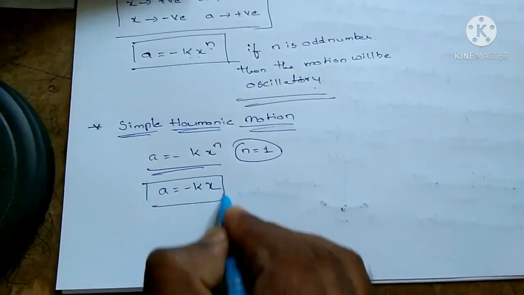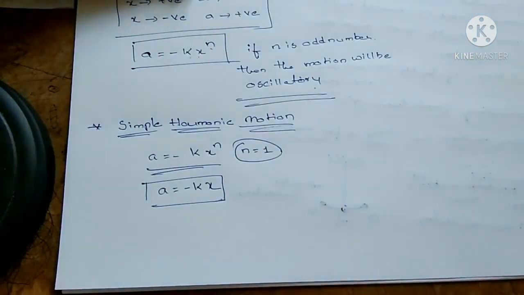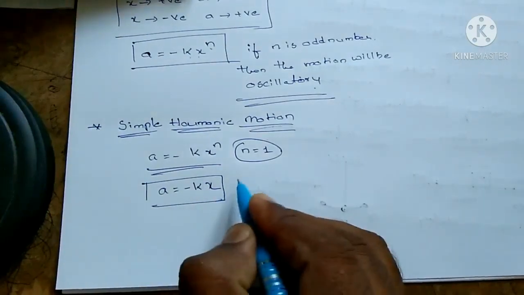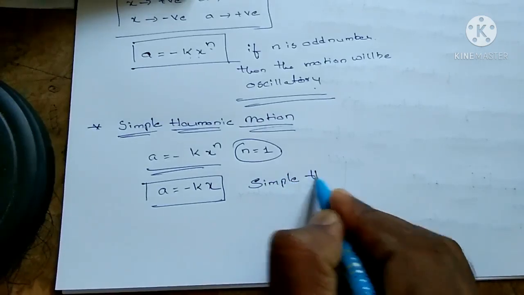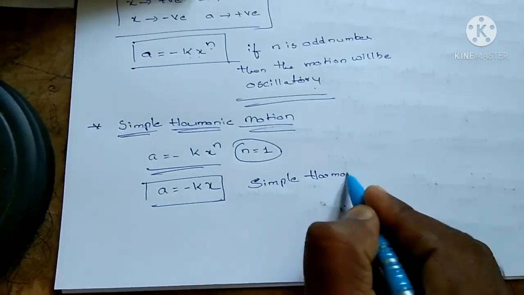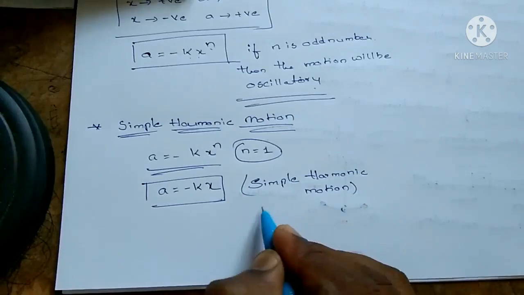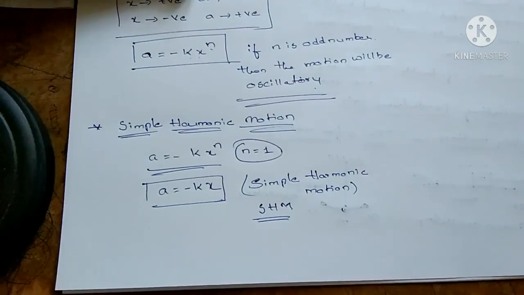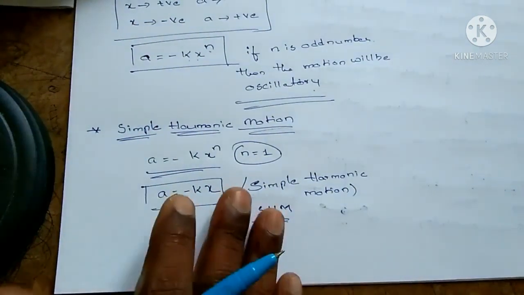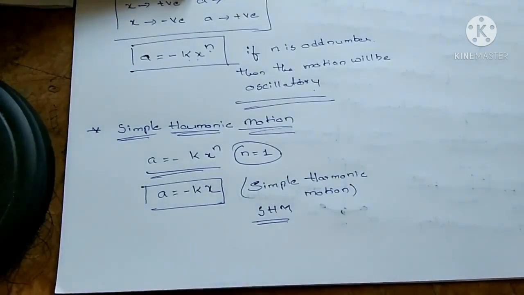So this is a simple form of oscillatory motion, and that simple form of oscillatory motion is considered as simple harmonic motion. In short form, we will write it as SHM, which is an utmost important content, beta. This forms a basis to understand the waves topic you have in second year, and it forms a strong base for understanding the waves chapter also.